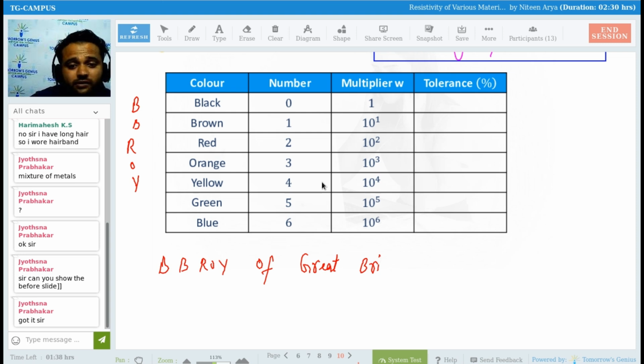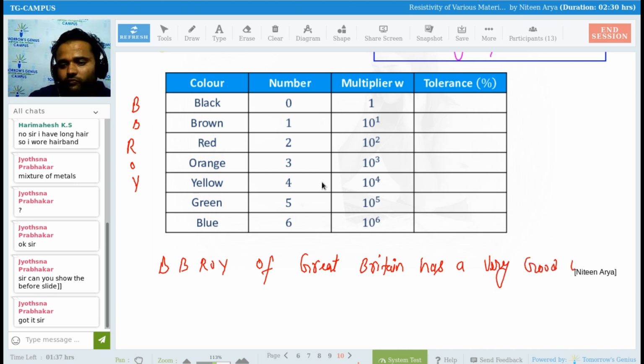What is the spelling of Britain? Britain has a very good wife wearing gold, silver necklace. Yeah, that is perfect.